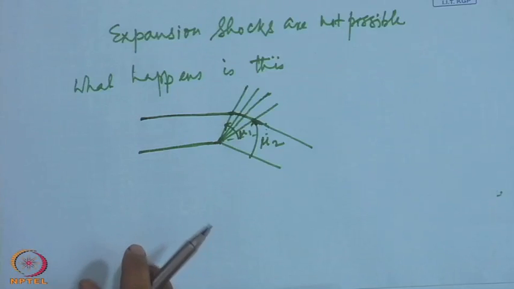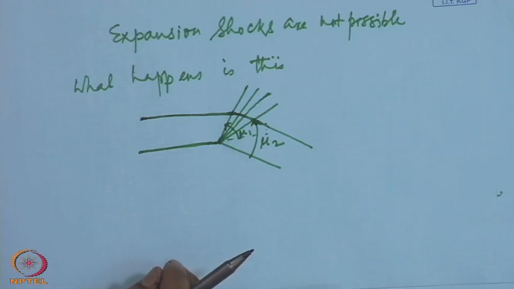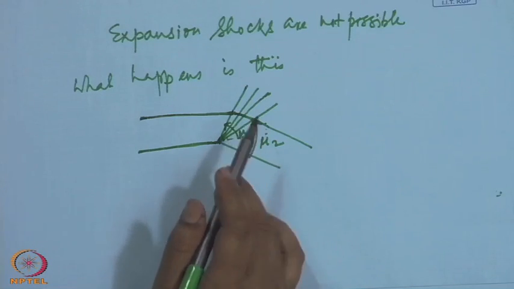Consequently, the process always remains isentropic since the gradients decrease. So expansion, even when achieved through a corner or sharp corner, is still isentropic.